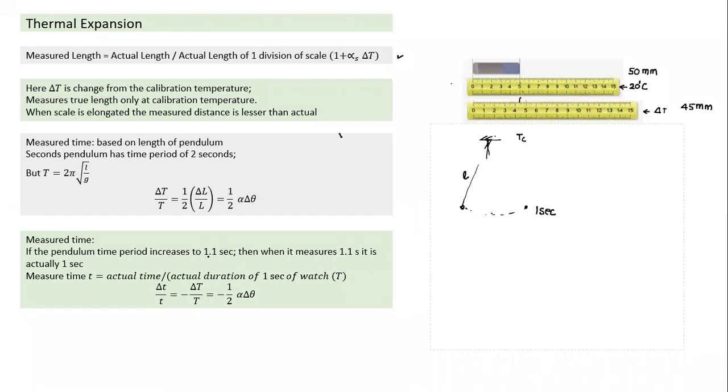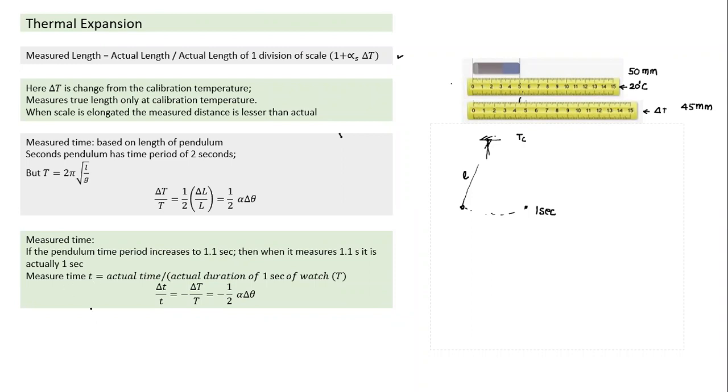Earlier it was 1 second, now it has become 1.1 seconds. When it is 1.1 seconds, it completes one swing in 1.1 seconds. We count one swing as 1 second, but when we measure 1 second, the actual duration had been 1.1 seconds. The actual duration of 1.1 seconds will be measured as 1 second. That's what the duration is.